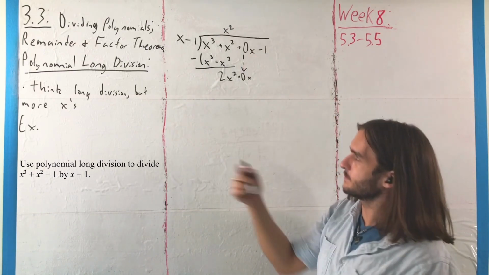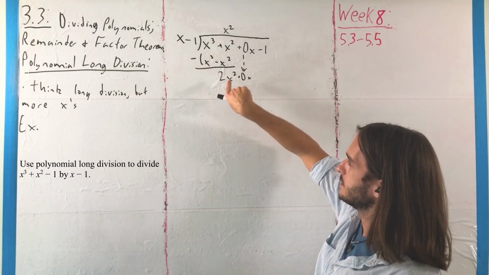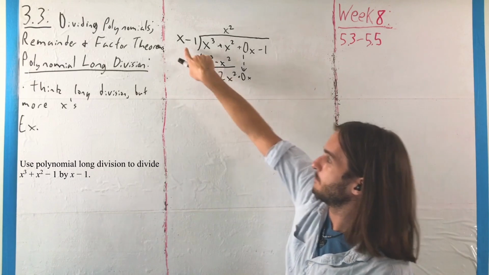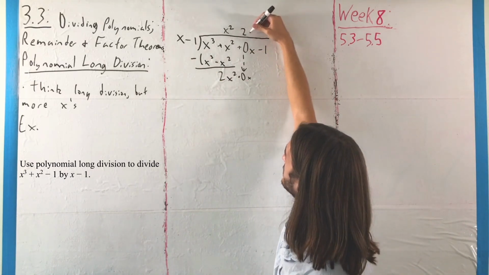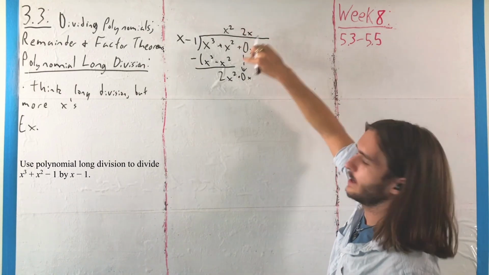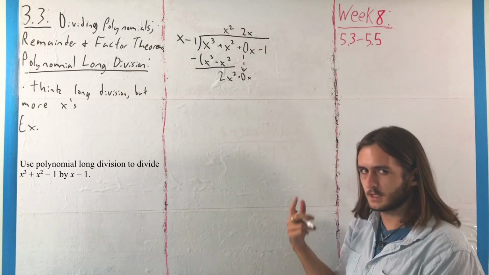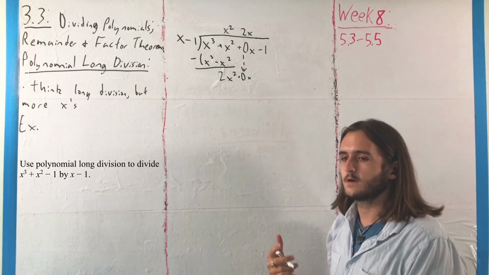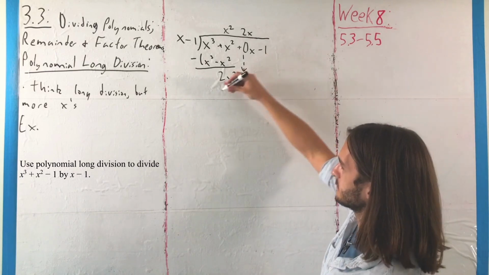And at this point, we're going to repeat the process in terms of these, where if I divide the 2x squared by x, I'll be left with a 2x. So this is why I included that 0 in there, just because it gives nicer alignment if I'm going to keep those things in that order. I'm going to keep my rows in a line, and then we're going to repeat the process.